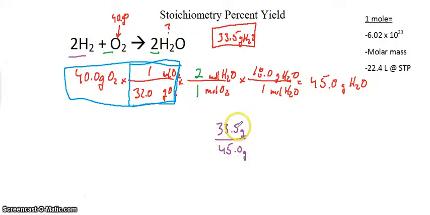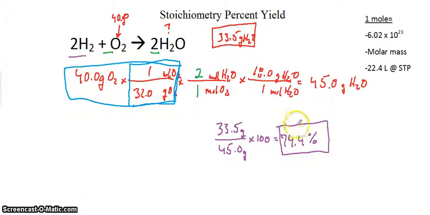So all you do is you take the 33.5 over the 45, and since this is a percentage, we do the times 100. 33.5 divided by 45 times 100, I'm getting 74.444 repeating, so we'll round that to 74.4%. So the correct answer to the problem is my percent yield is 74.4%.